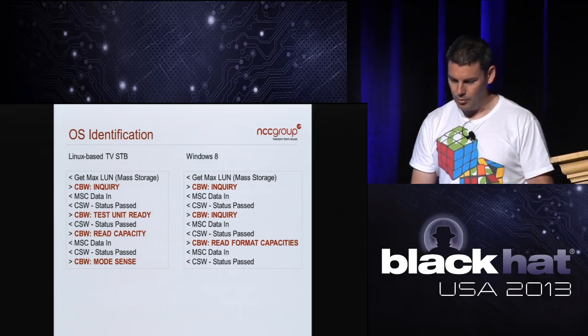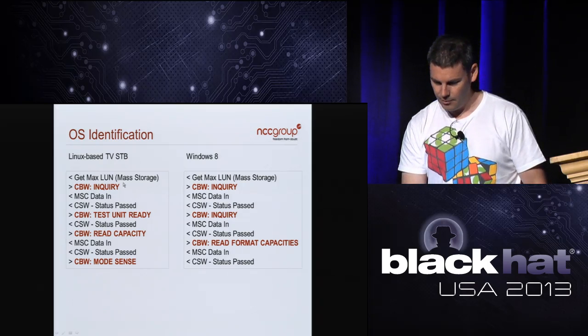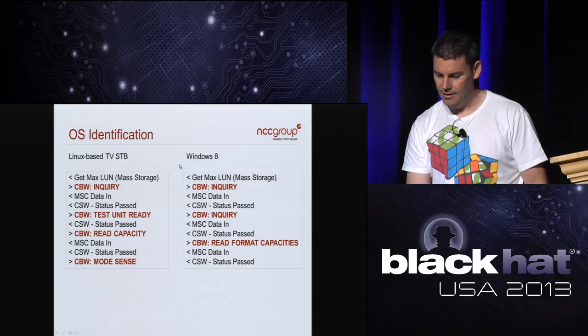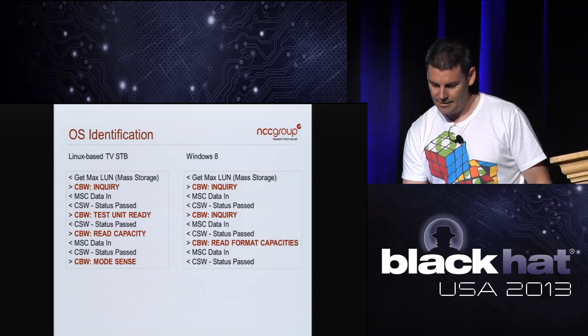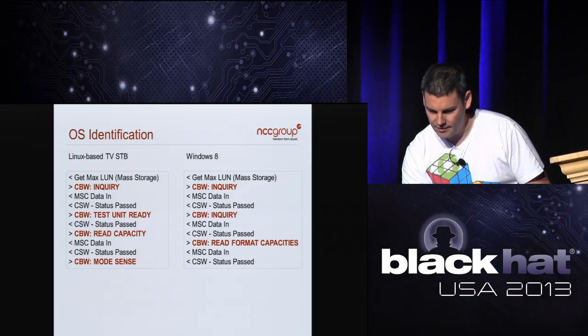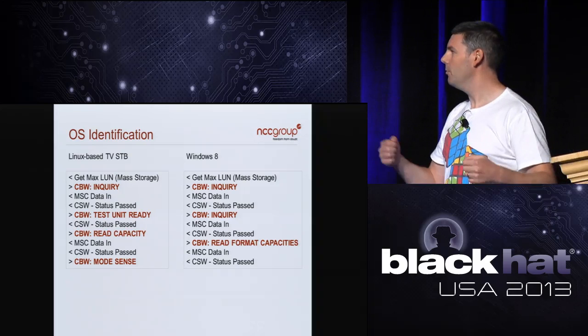So here's an example of some class-specific communication. We've got this Linux-based TV set-top box and Windows 8. You plug in your mass storage device, it goes through enumeration, and the way that these requests and replies happen are always the same every time you plug it in.